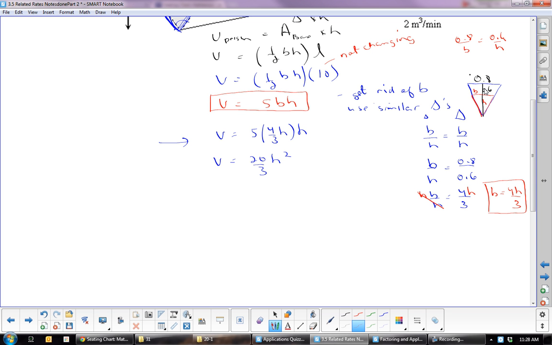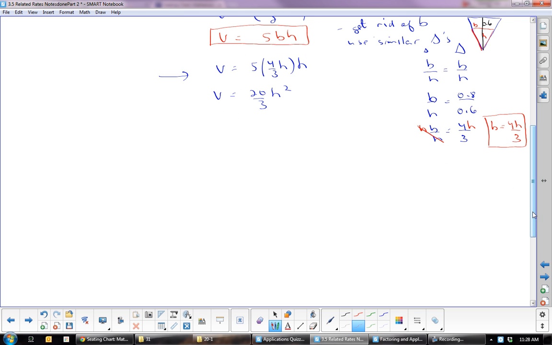Okay, good question. So this is a nice thing right there because the derivative doesn't even look that ugly. So now let's do the derivative. We got dV over dt equals 40 over 3 H dH dt.